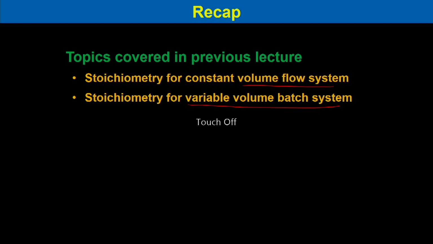In case of stoichiometry for constant volume flow system, we have seen that when volumetric flow rate V is equal to V naught, for a general reaction of a A plus b B giving c C plus d D, we have seen how the concentration Ca is related with the conversion.